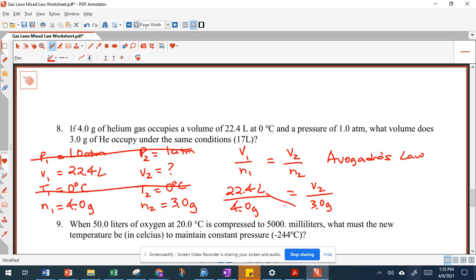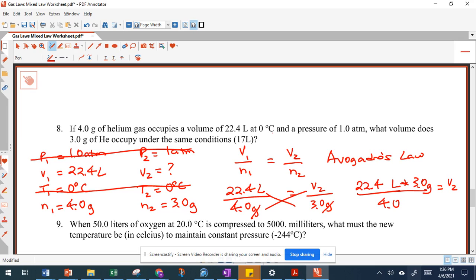Okay, so we're going to cross multiply to get V2 by itself. And we notice here grams will cancel out since it's on both sides. So we're going to get 22.4 liters times 3 over 4 is equal to V2.